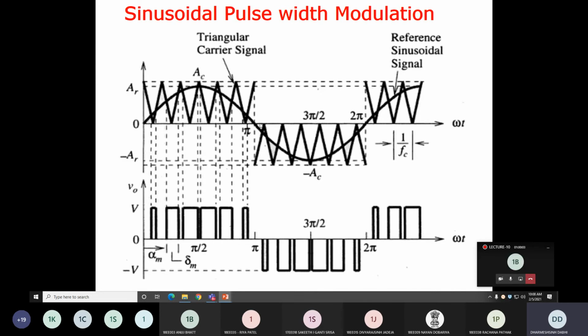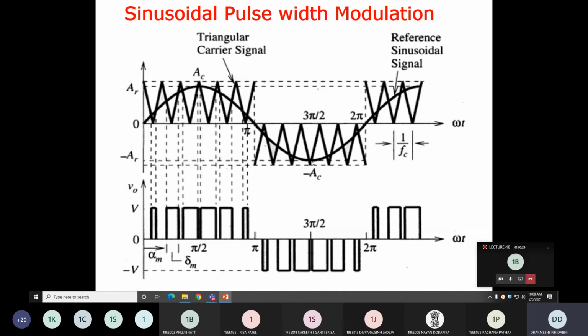Clear? Same way in the negative cycle, again the same logic: when your reference is more than carrier, it generates the output voltage. So as we move from 180 degrees to 270, where the magnitude of the sine wave increases, you can see that the width of the output pulse also increases, and it is maximum at 3 pi by 2 or 270 degrees.